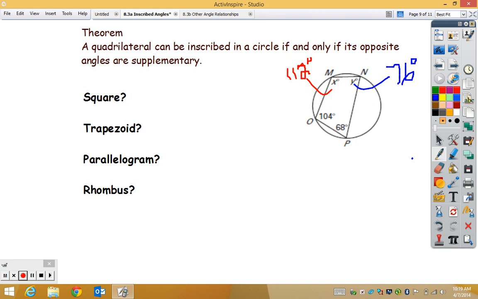So now if we think about which types of quadrilaterals this will work for, a square has all angles equal to 90, so that will work all the time because 90 plus 90 is always going to add up to 180 degrees. A trapezoid will only work if it is an isosceles trapezoid.